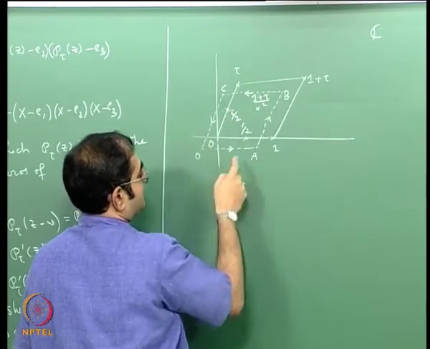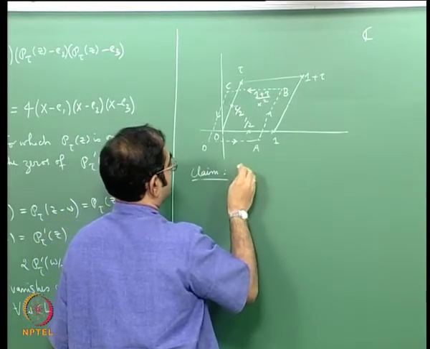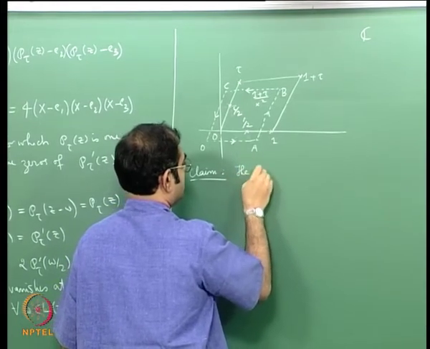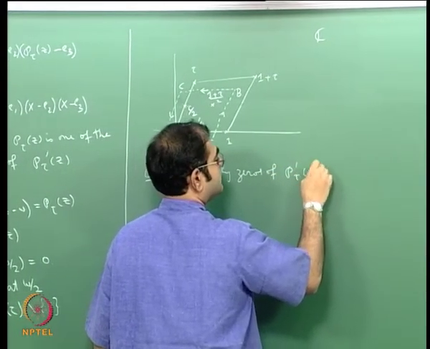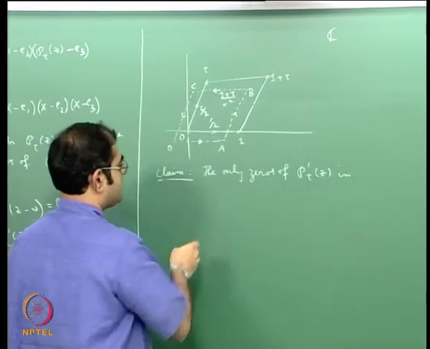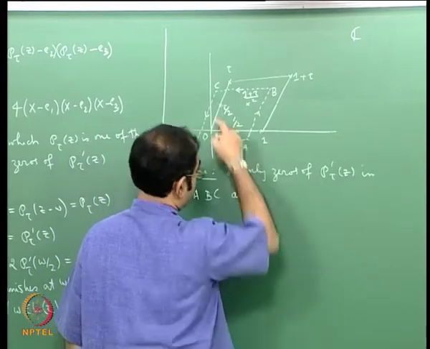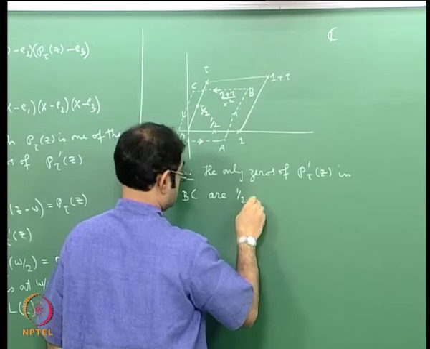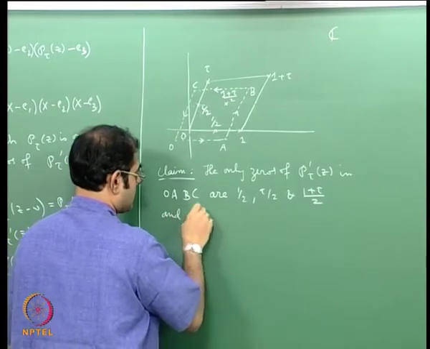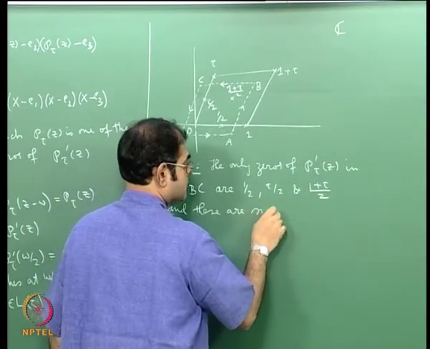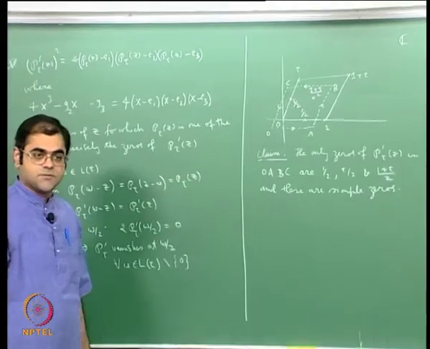But the claim is the following: the only zeros of p prime tau of z in this translate OABC are these three, 1 by 2, tau by 2 and 1 plus tau by 2, and these are simple zeros, okay. So this is the claim. The claim is that these are simple zeros.